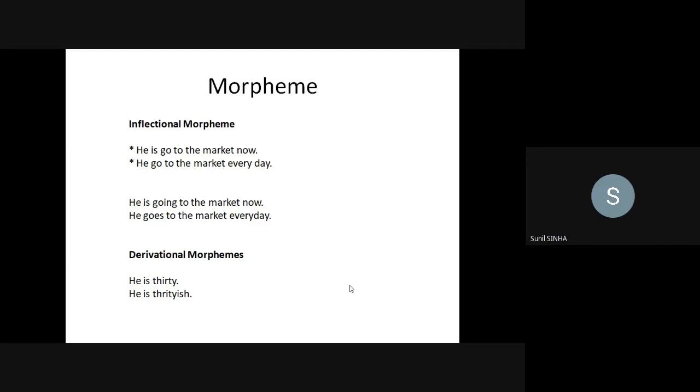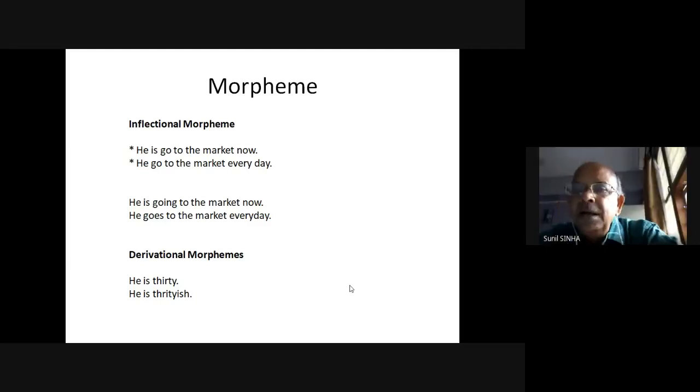So if we add ing to go, the sentence becomes grammatical. He is going to the market now. Similarly, the second sentence, he go to the market every day. This sentence is ungrammatical because we have not added es to it. If we add es, the sentence becomes grammatical. He goes to the market every day.